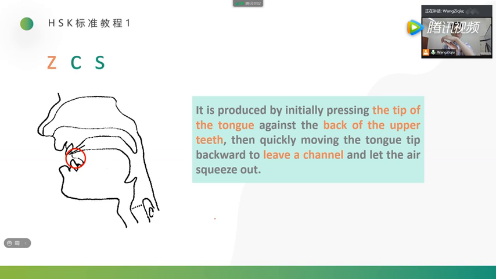Then quickly move the tongue tip backward to leave a channel. Let the air squeeze out. Listen. This. Z.